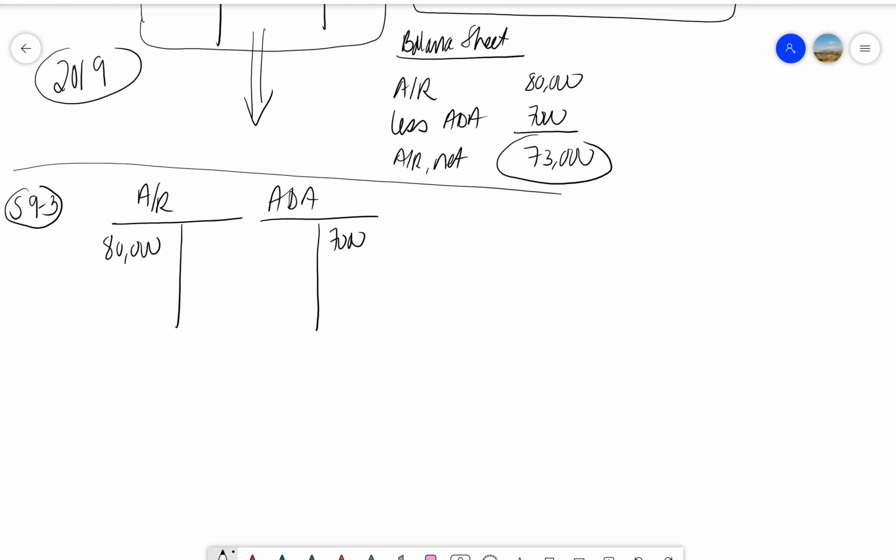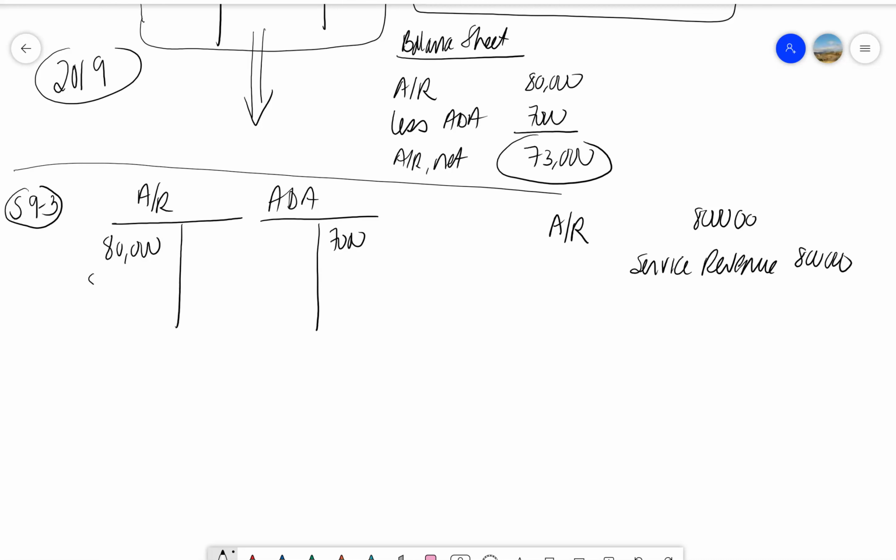Actually, this is only for the first quarter of 2020, so this is from January 1st to March 31st. So let's look at the first one. Let's do the journal entry for service revenue on account. So we know that we're going to debit accounts receivable for 800,000, and we're going to credit our service revenue for 800,000. So that's the first journal entry.